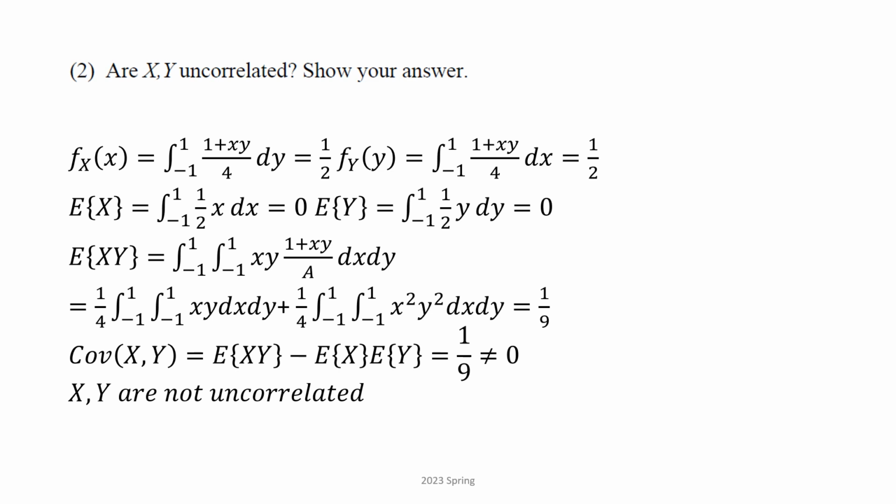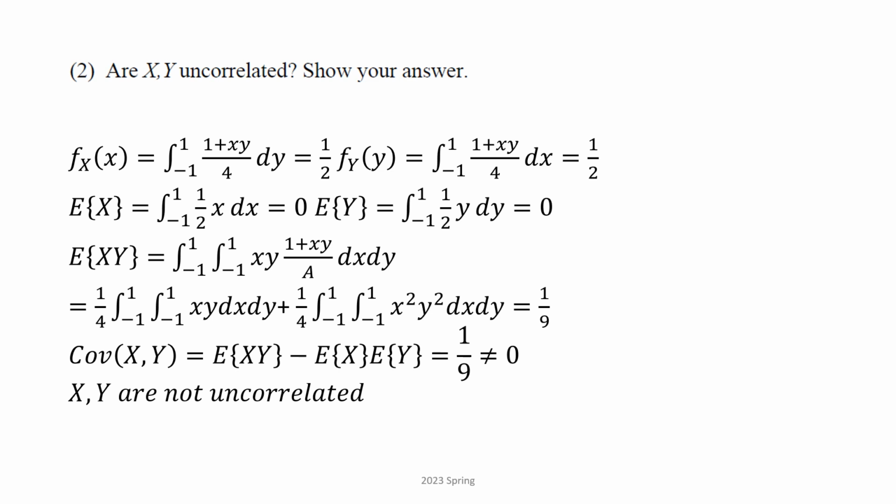So now let's calculate the expectation of XY. It equals the definite integral from negative 1 to 1 of the definite integral from negative 1 to 1 of xy times (1 + xy)/a, where a equals 4, dx dy, which equals 1/4 times the double integral of xy dx dy, plus another one, x squared times y squared dx dy, and it equals 1/9.